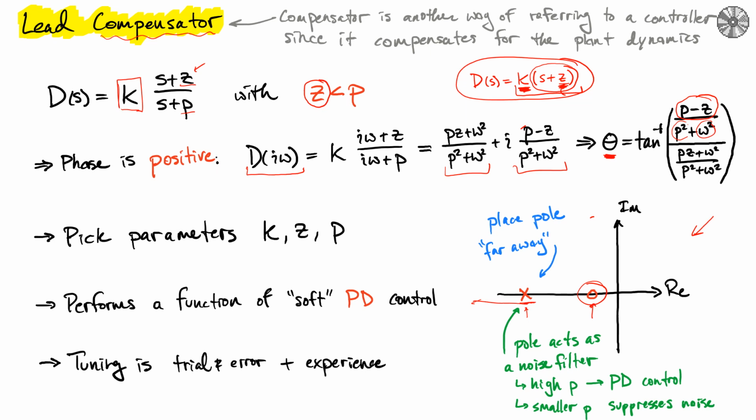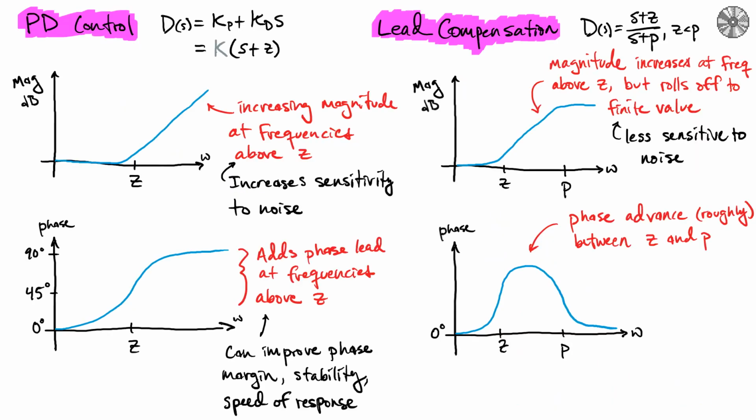But this p minus z, if the magnitude of p is larger, then this value is positive, which makes the overall phase positive. We'll contrast this with the other option, which is called the lag compensator, where the roles of the magnitudes are reversed, so the magnitude of the zero is larger than the pole.